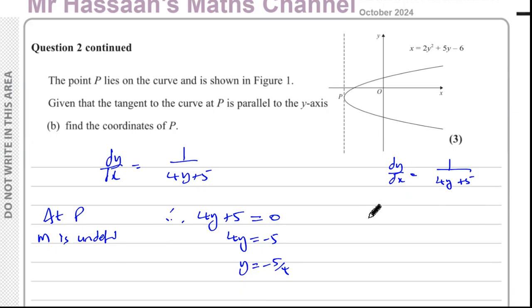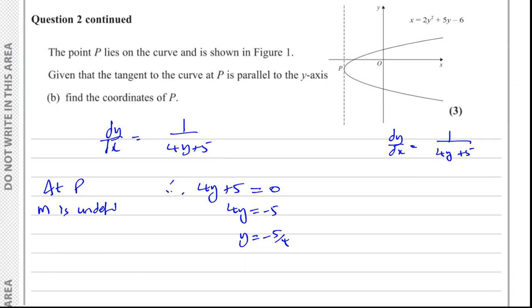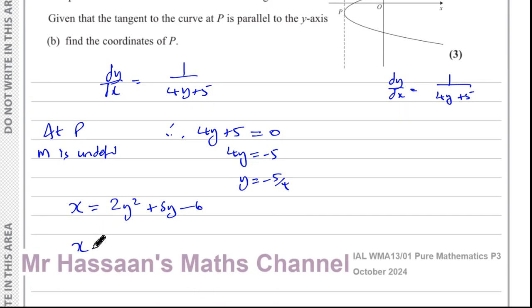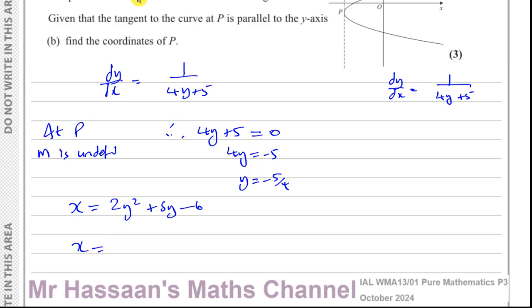We want to find the x coordinate, so we take the original equation: x is equal to 2y squared plus 5y minus 6. I'm going to replace the y with minus 5 over 4. So x is equal to 2 times (minus 5 over 4) squared plus 5 times minus 5 over 4 minus 6.